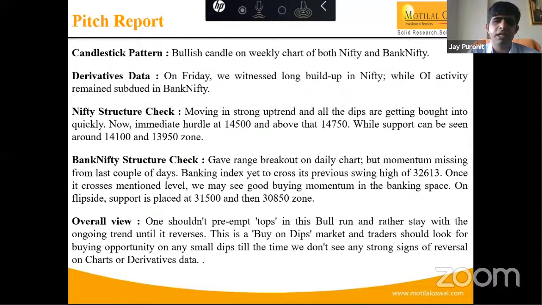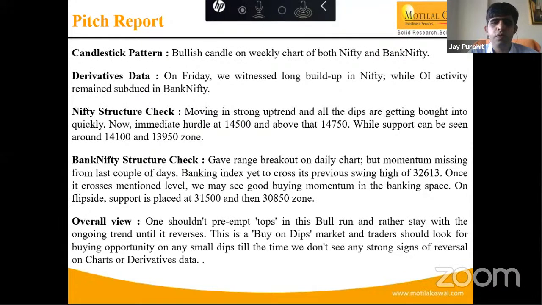So basically from the last 2-3 days, Bank Nifty is underperforming the Nifty because the momentum is lacking after a gap up opening in the banking index. We are seeing some kind of selling pressure at the higher levels in the banking index.